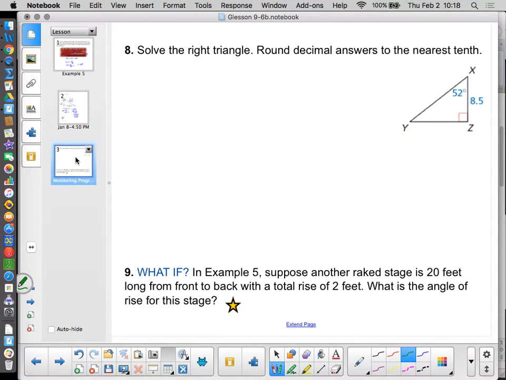Here's another one. Solve the right triangle. I've given this time the right angle and one other angle, so this time finding the third angle is the easy part. This has to be 38 degrees because these three angles have to add up to 180. Next, I need to choose to solve one of my sides, either YZ or XY.